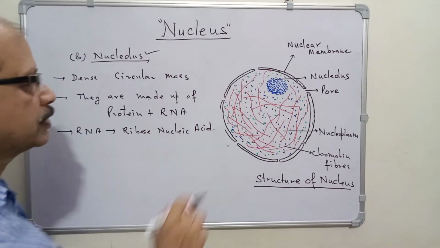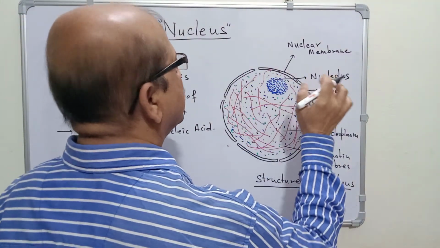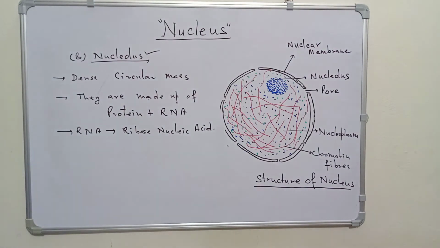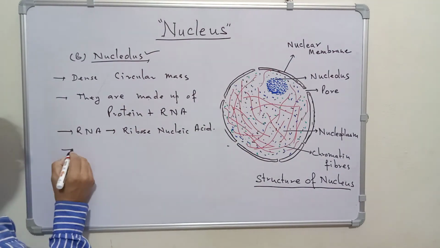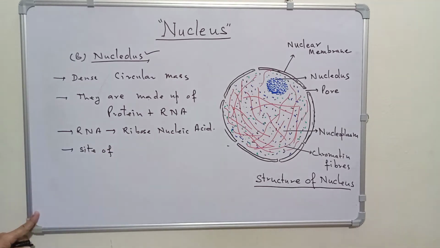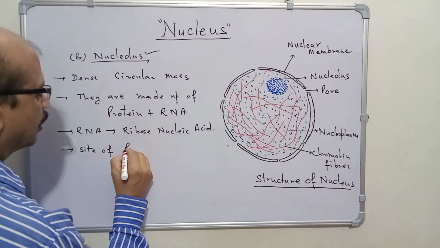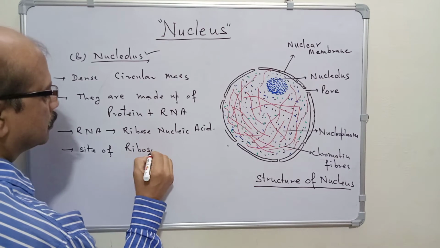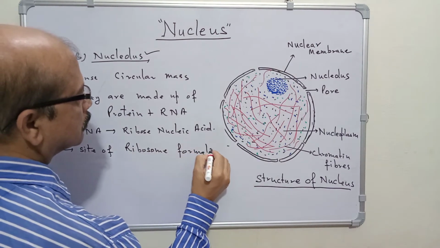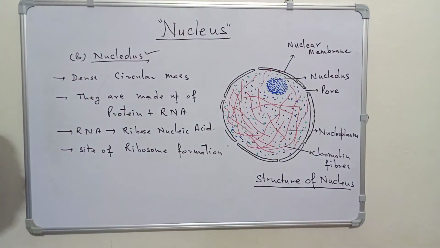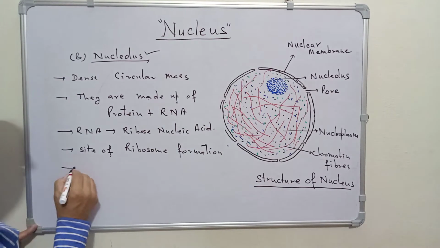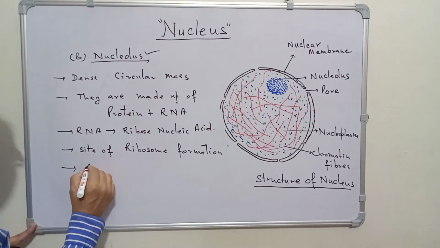So they are a dense mass of protein and RNA. They are the site of ribosome formation. The formation of ribosomes takes place in nucleolus, so they are also called the factory of ribosomes.